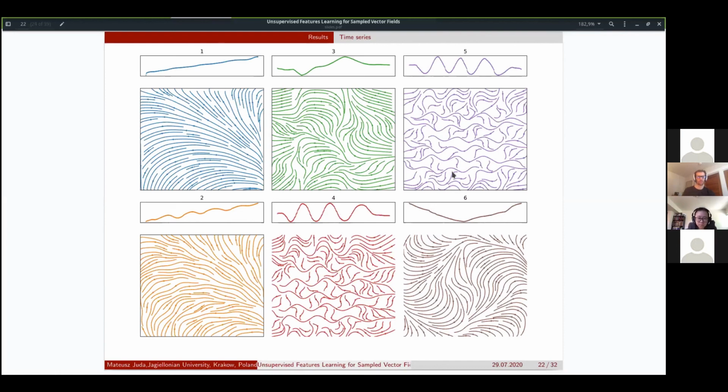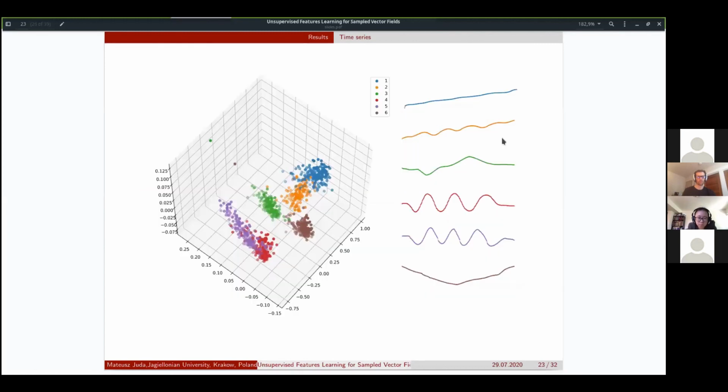They are just direct flow, and the flow may be complicated in some sense. Here we have quite smooth trajectories, but here we have quite complicated trajectories. And the method works also. So this is the embedding and the separation between the classes of the vector fields.